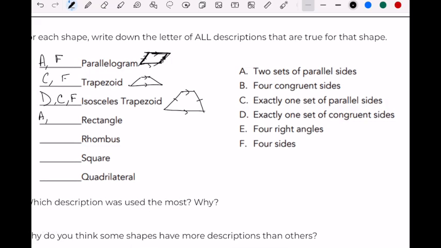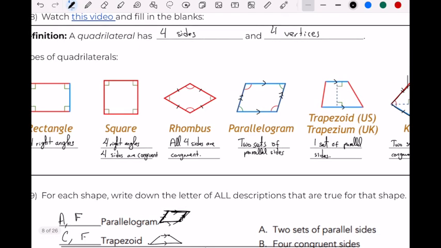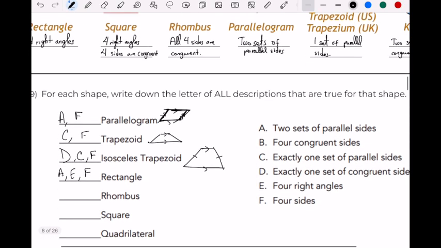A rectangle has four right angles, yes, but it also has two sets of parallel sides, and it has four sides. Then I have the rhombus. A rhombus has all the sides congruent.